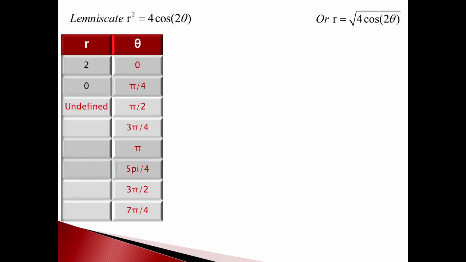At pi over 2, oh wow, what happened? Something broke, because when I plug in pi over 2, I get the cosine of pi, which is negative 1. So I'd be taking the square root of negative 4. Uh-oh, big problem. Maybe undefined isn't a great word. What you really have is 2i, right?